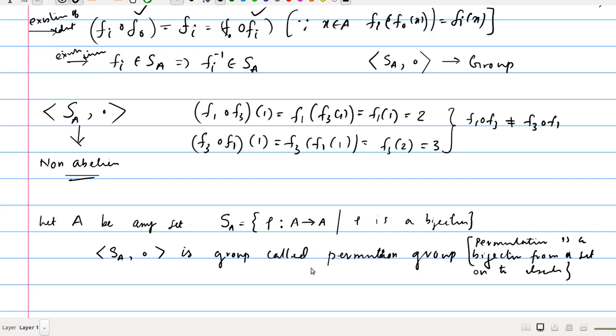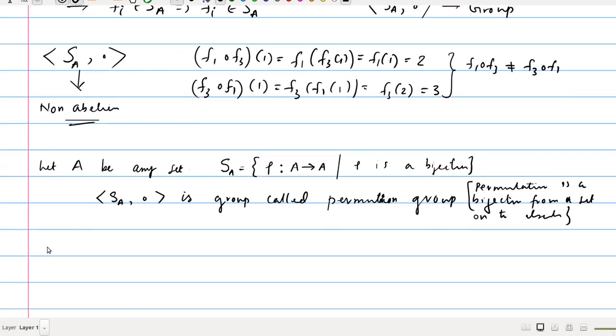Okay, so we can say that if A consists of n elements, if the cardinality of A is n, then SA is denoted by Sn. We use the cardinality of A to denote this permutation group, that is Sn.